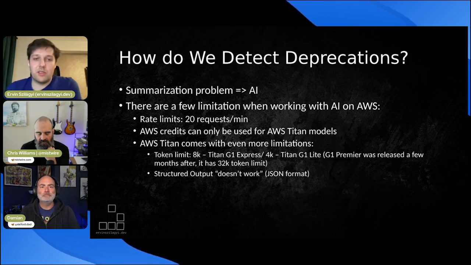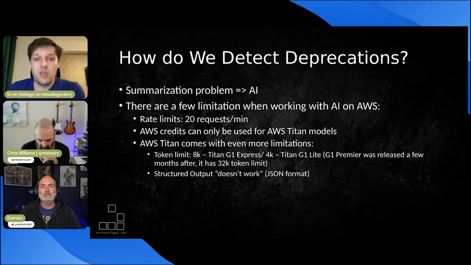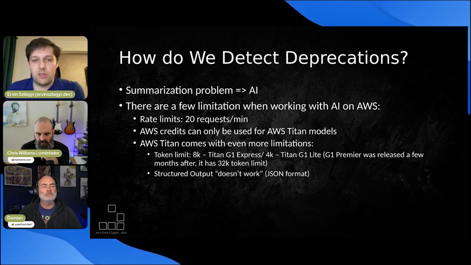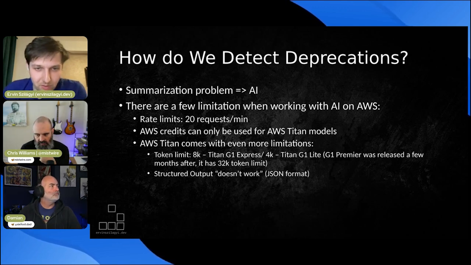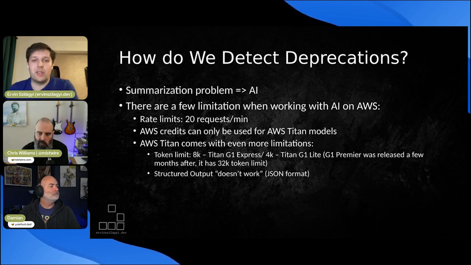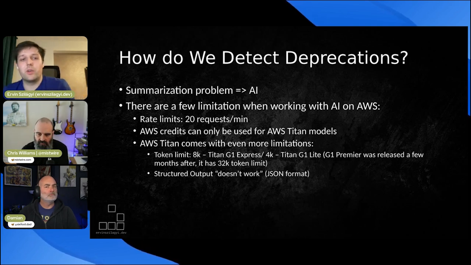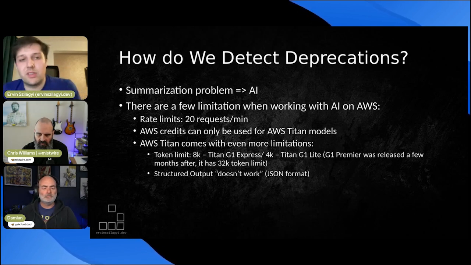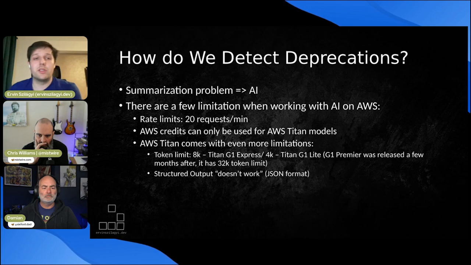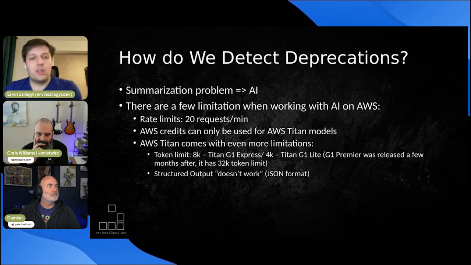As you can see on the screen, G1 Lite is 4K, which is the smaller Titan model, and G1 Express is 8K tokens. Recently they also introduced Premier, which has 32K tokens. But at the time I was using G1 Express.